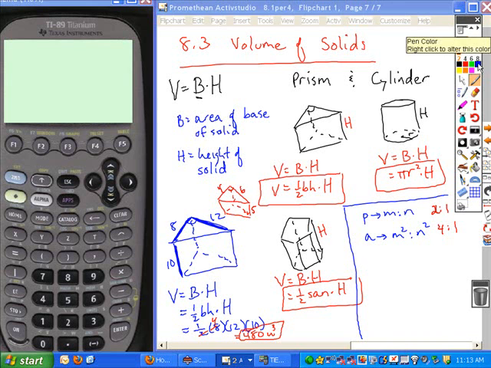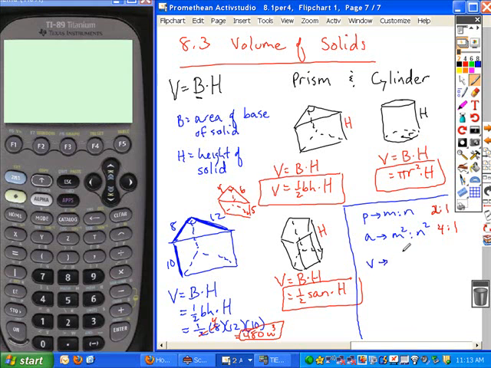Okay, what do you think is going to happen if we try to correlate their volumes? We take the ratio of their parts, m to n, and we'll do what to it? Volume is a 3-dimensional measurement, so we're going to cube it. And so if I ask you to identify the volume of this solid here, you always have to refer back to the ratio of parts.